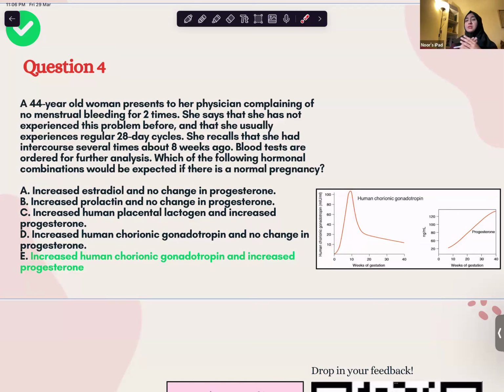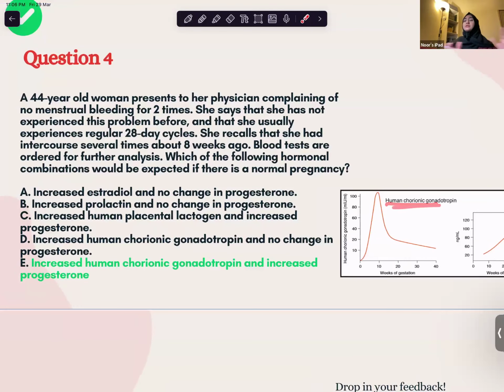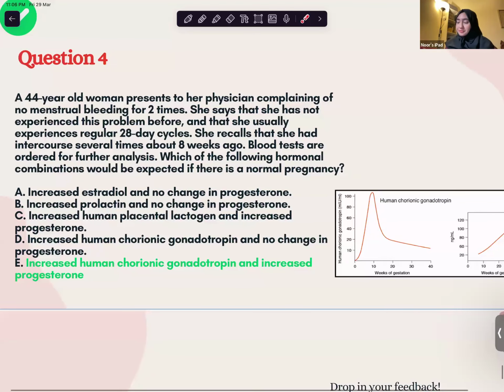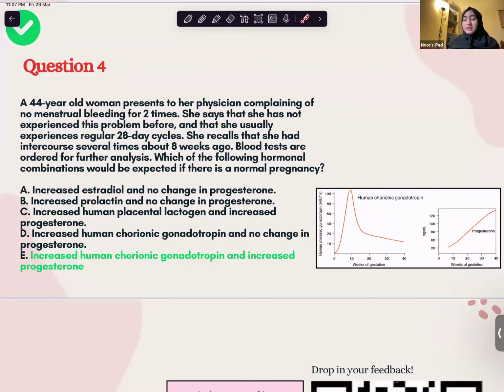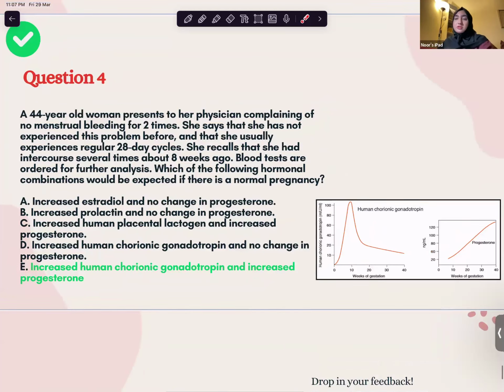If it's measured by a blood test, HCG would be increased because now 8 weeks have passed and HCG increases till week 10. I hope it's clear. And progesterone is also responsible for increasing throughout the pregnancy in order to maintain the pregnant state of the uterus. Okay, so for that reason, the answer is increased HCG and increased progesterone.